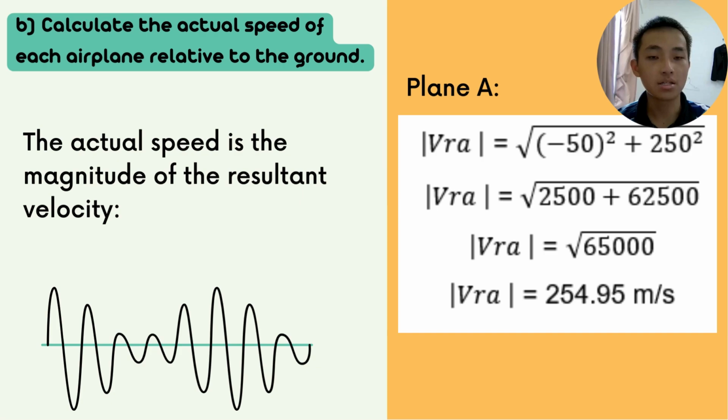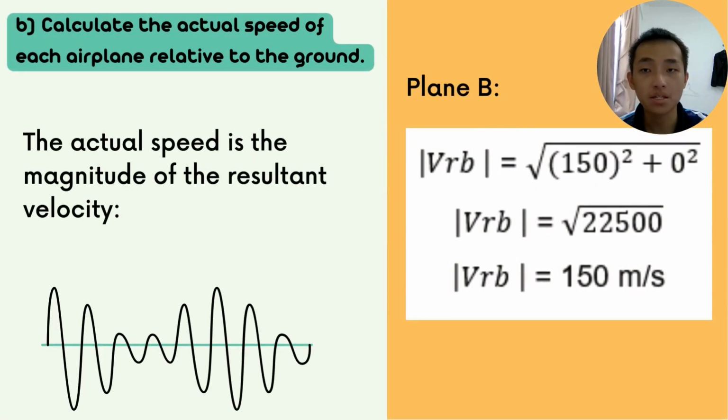Negative 50 squared is equal to 2,500 and 250 squared is equal to 62,500. So after adding up the two of them, we get 65,000. And we take the square root of 65,000 and we get the actual speed of plane A is 254.95 meters per second.